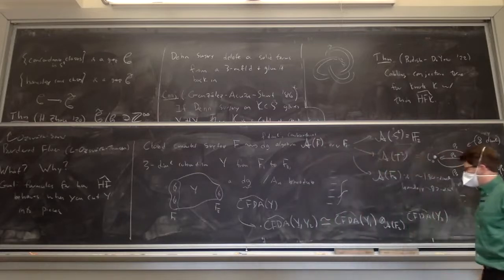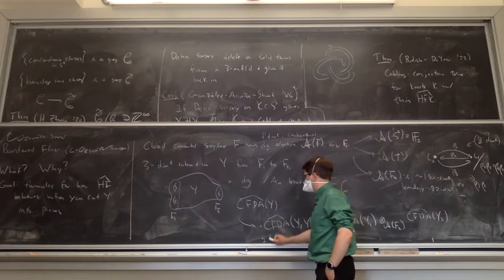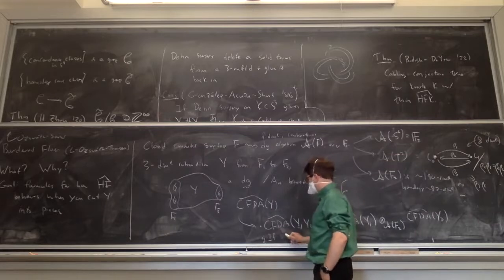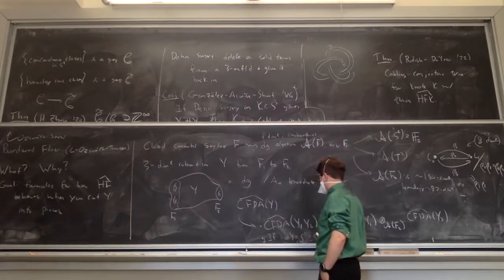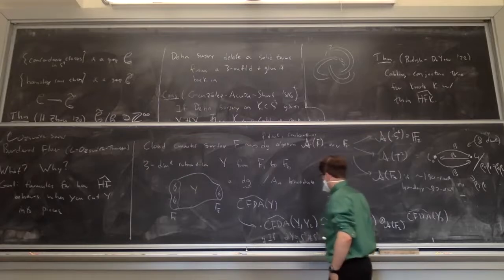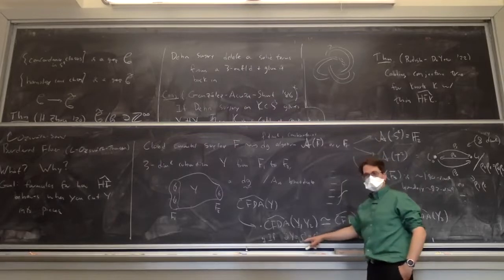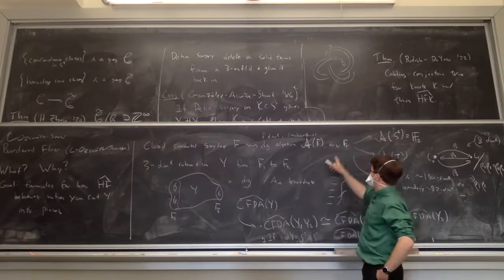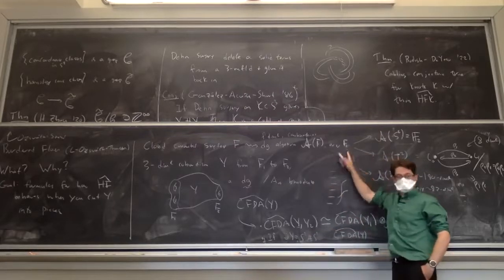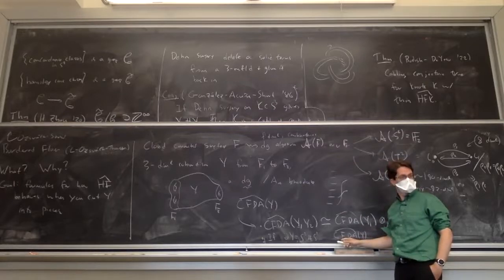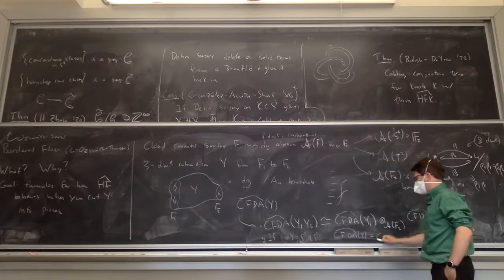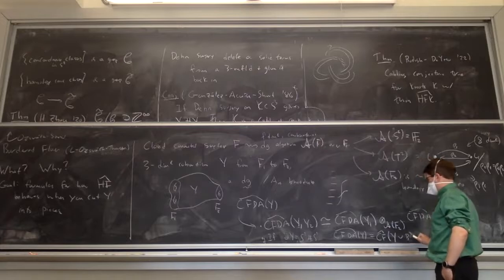And then in the case that the boundary of Y is, if Y is a cobordism from S2 to itself, then CFDA of Y is supposed to be a bimodule over the algebra for S2 and the algebra for S2, which is just F2. So this is just a chain complex, just CF hat of Y, Y union with the boundaries filled in.